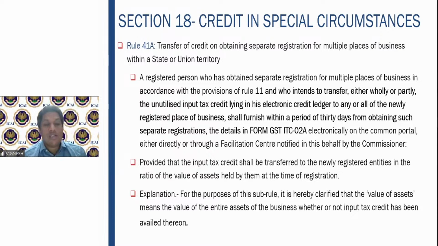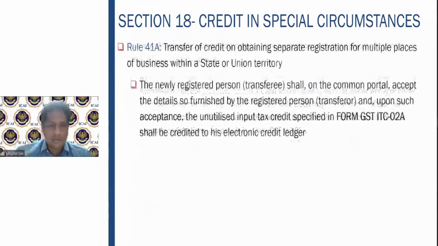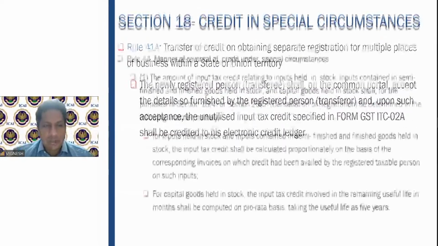You have to see what assets are held by the new registered entity. To that extent only the credit will be transferred. A similar explanation is given that whether or not input tax credit is taken, assets should be there. Then once the transfer happens, the newly registered person will accept the details and unutilized credit shall be created in the electronic credit ledger. So that was your rule 41A.